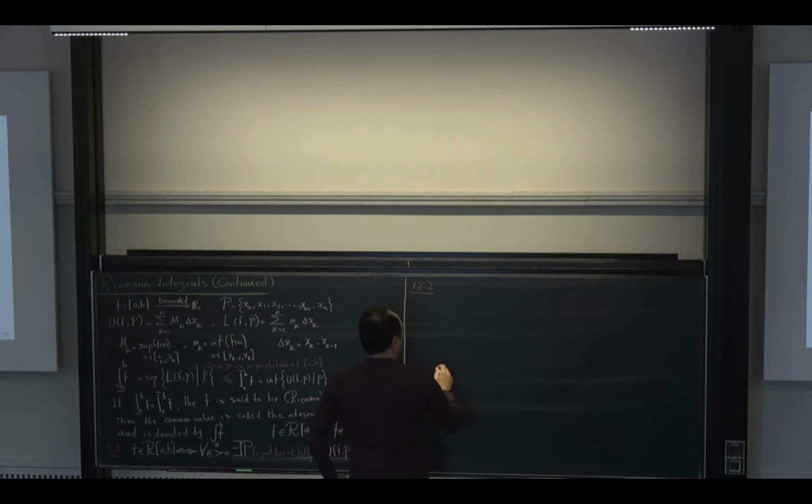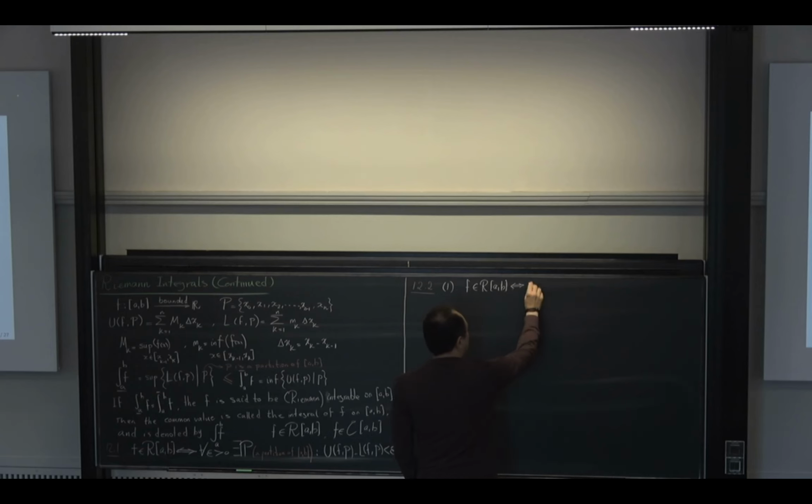Part one tells us that, again, f is a bounded real-valued function, so everything is bounded. If the function is bounded, then f is Riemann integrable if and only if there exists a sequence of partitions.